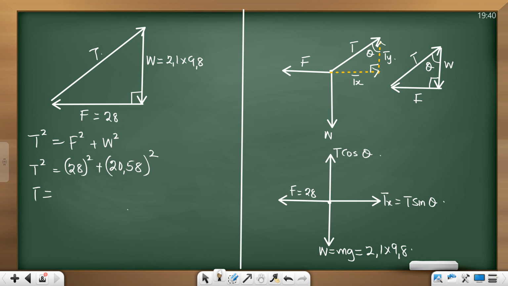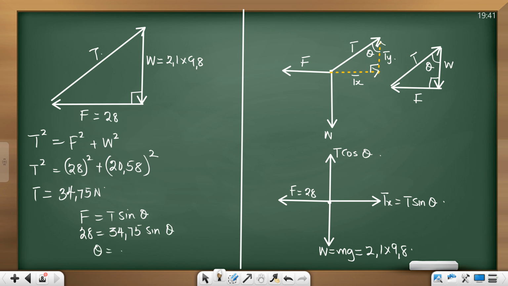Don't let's waste time. What's your answer? Is this a fresh answer? 34.75? All right, 34.75 newtons. And once you have that, you can then work this out for theta: F equals T sine theta. 28 equals 34.75 sine theta.